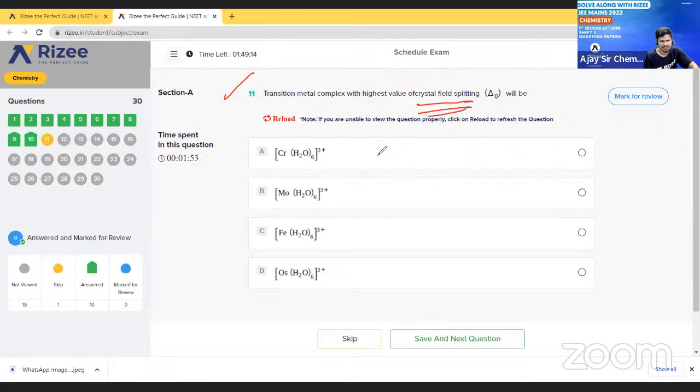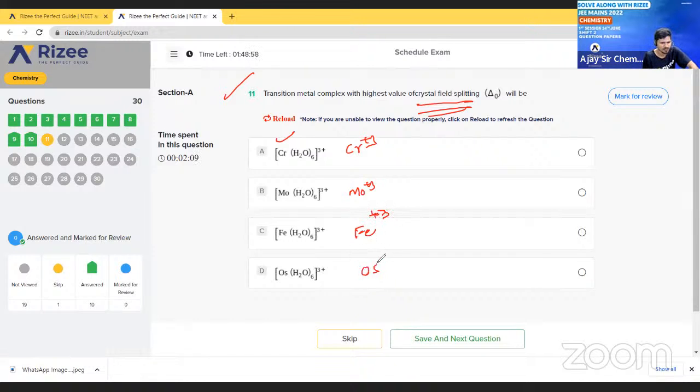See here, chromium, the central metal atom, has a +3 oxidation state, and molybdenum also has +3 oxidation state, iron also has +3 oxidation state, and osmium also has +3 oxidation state.